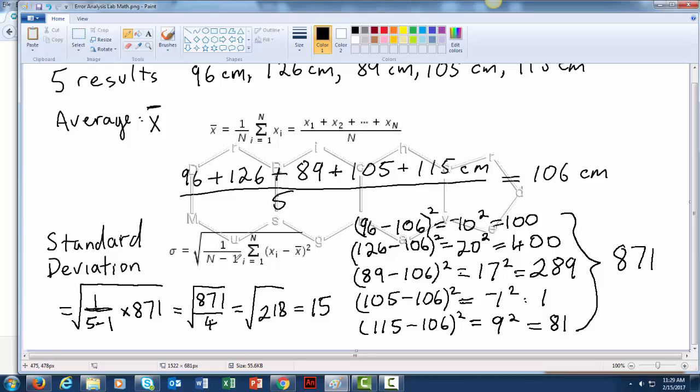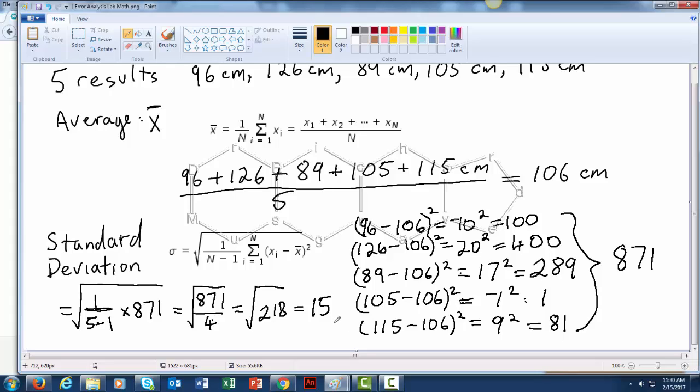Now the 1 over n minus 1 is the number of trials minus 1, which in this case happens to be 4. So effectively what we have is 871 divided by 4. Remember, the 871 is the addition of all of these different things here. And 871 divided by 4 is 218. We take the square root of that, and that's the root button on your calculator, and that comes out to be about 15.